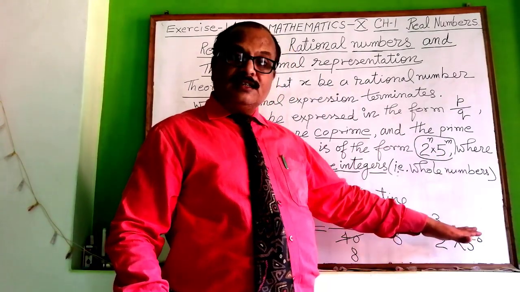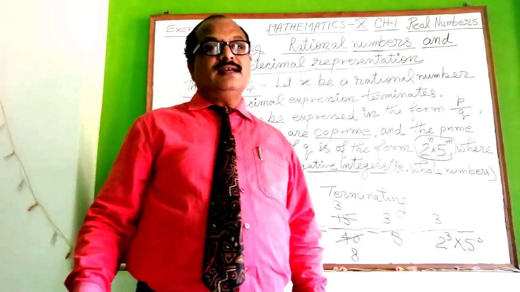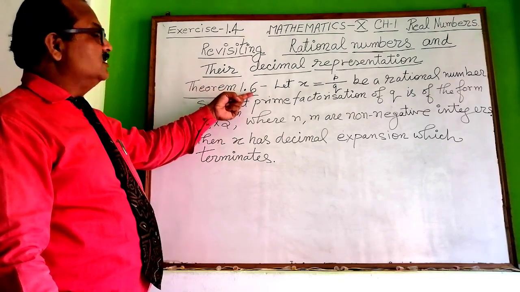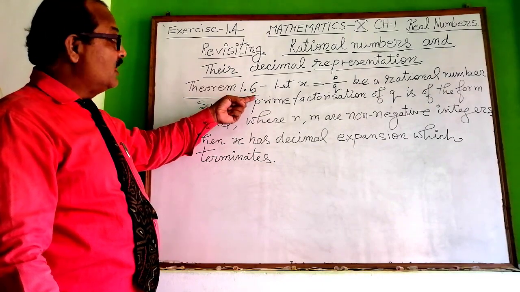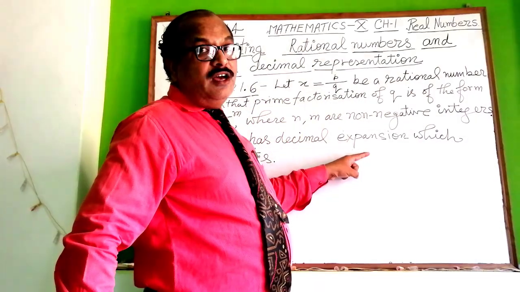So students, you will do this in question number 1, exercise 1.4. See theorem 1.6, the converse of theorem 1.5. The previous theorem and this theorem are inverses of each other.